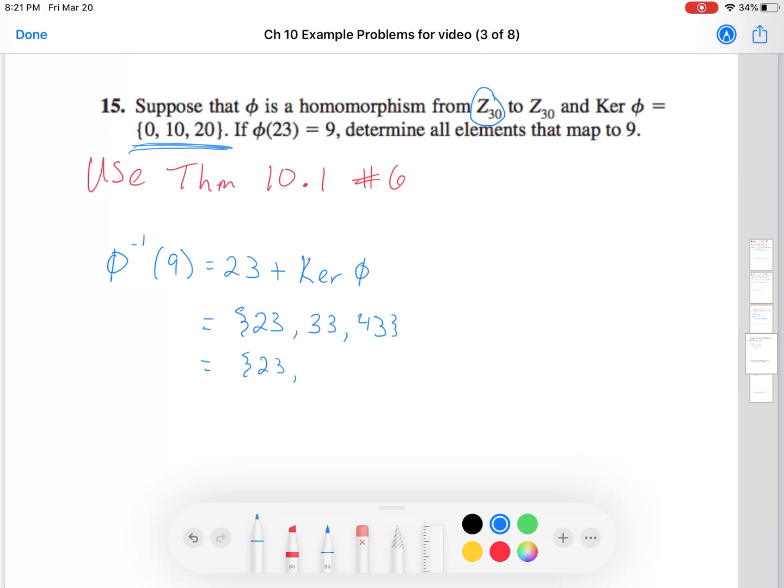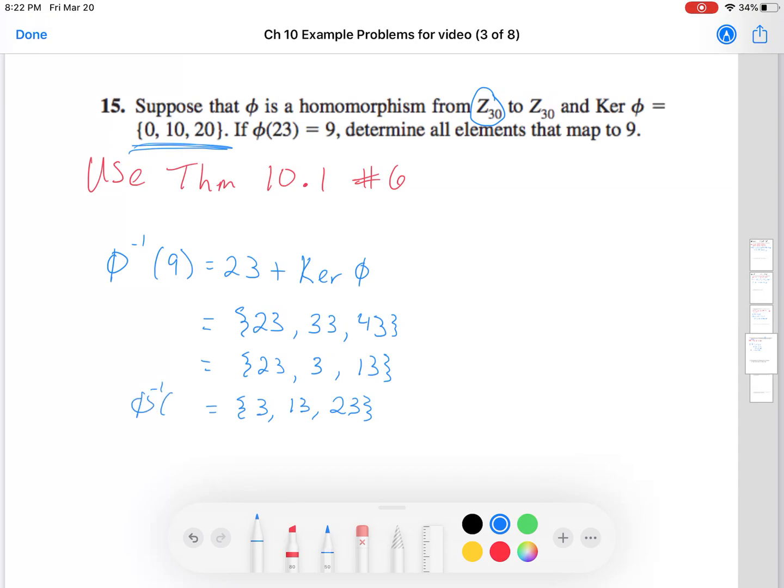So we would have 23, this would be 3, and 13. So if you wanted to, you could rewrite it as 3, 13, 23.